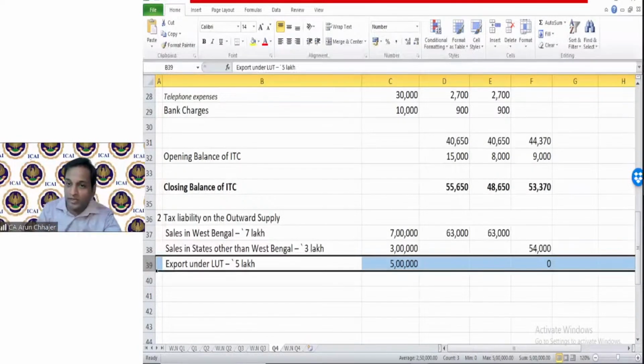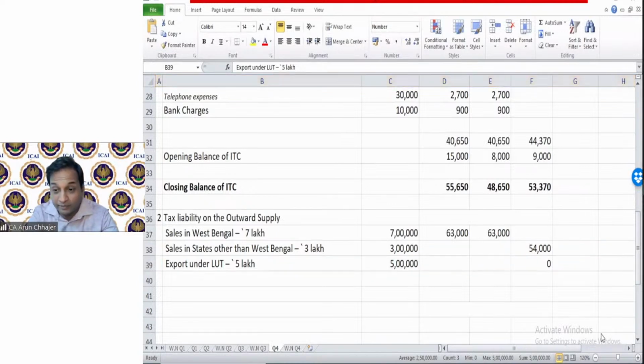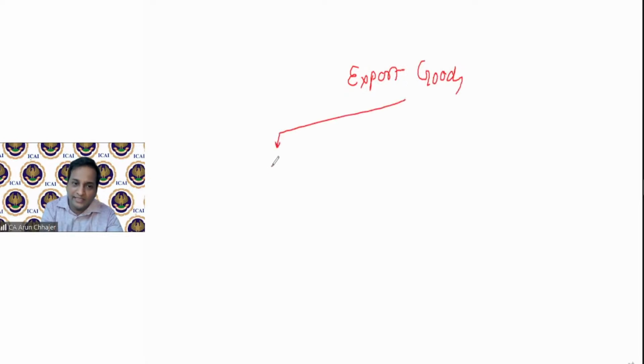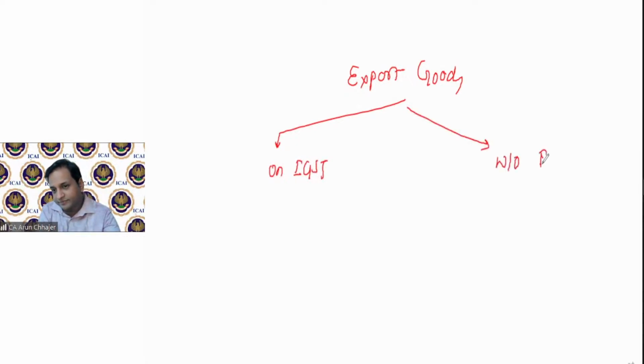One difference I would like to ask from everyone. My humble request, kindly answer everyone. See, we know that if we are exporting the goods on payment of IGST or without IGST but under LUT, in both the cases we are entitled to take the refund.